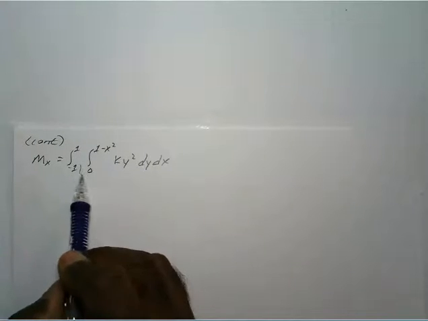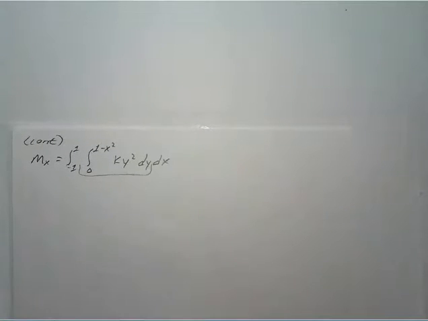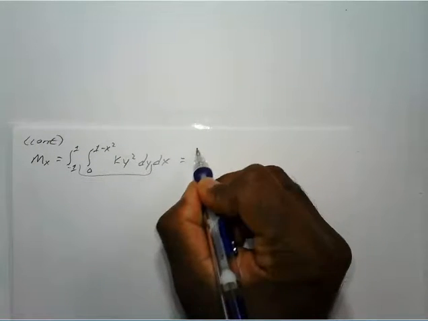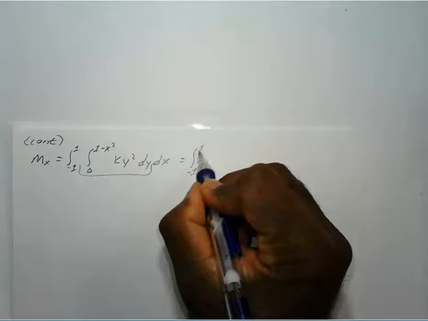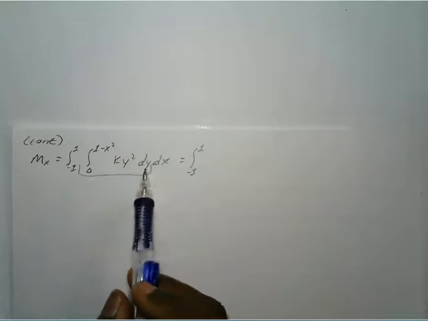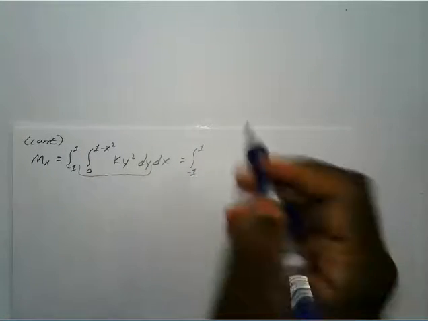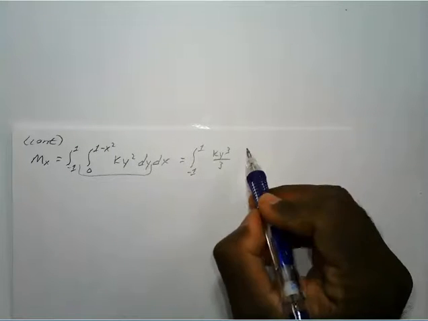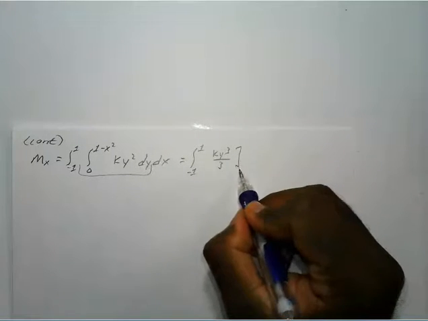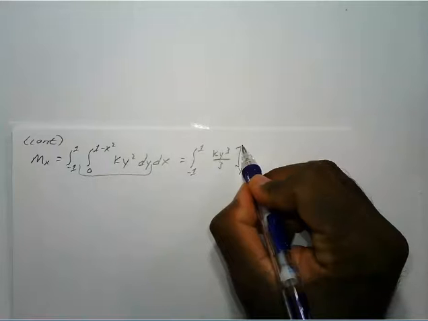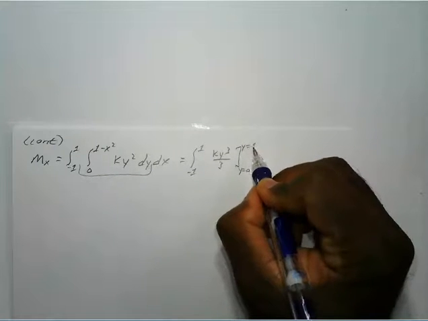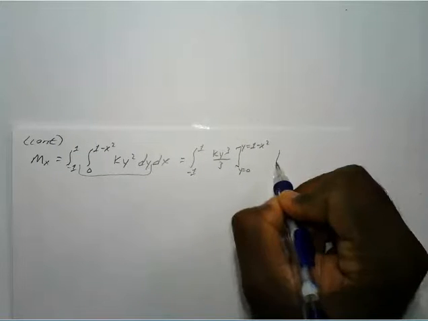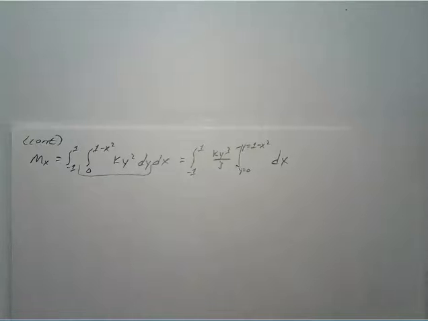Okay, so just like before, we're going to go ahead and start in the middle. So with respect to y, that's y to the third over 3. So that's ky to the third over 3, and that's from y equals 0 to y equals 1 minus x squared with respect to x.